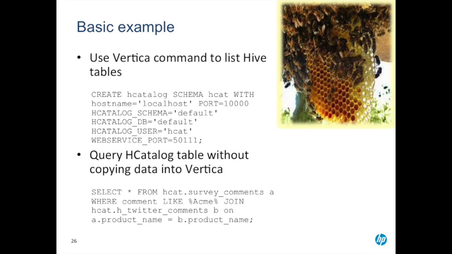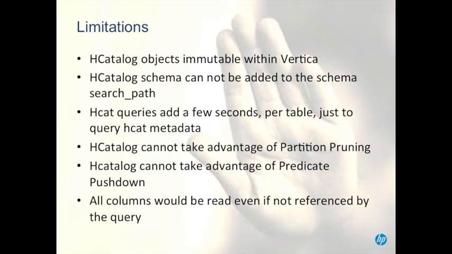There are some limitations working with this. As we've said with flex tables, you're not going to get the Vertica performance, because obviously you've got this extra layer between you, so you're not going to get the typical Vertica performance.